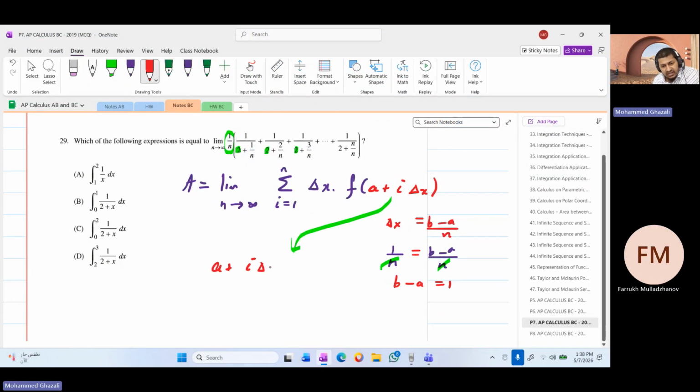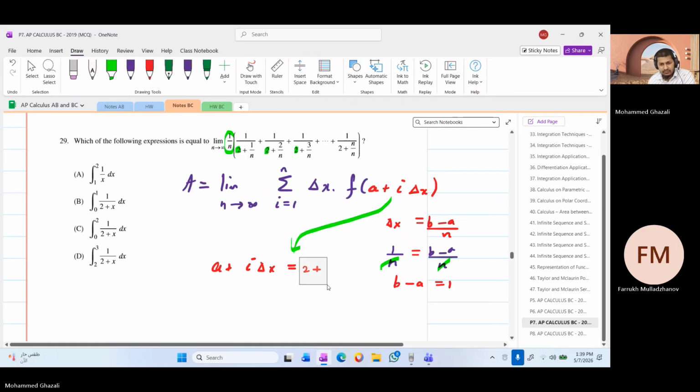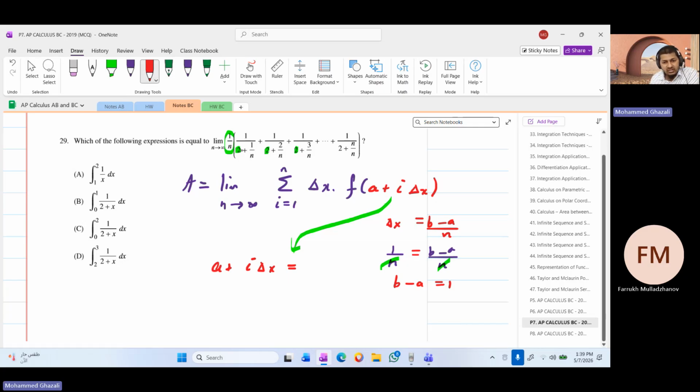No, we need to check which function it is. So I'm assuming a function of this form, 1 over x plus 2. Let's check.